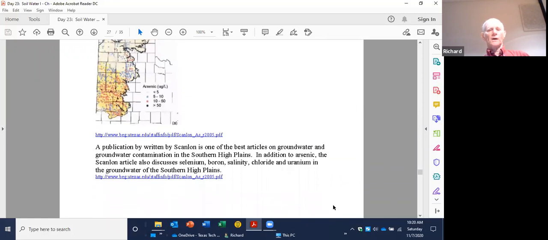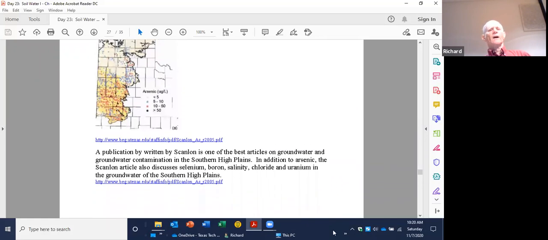Now, one component of this, let's say you live in Big Spring, Texas, which is Howard County, and your public water supply pumps from groundwater. The groundwater is high in arsenic naturally from the geology.